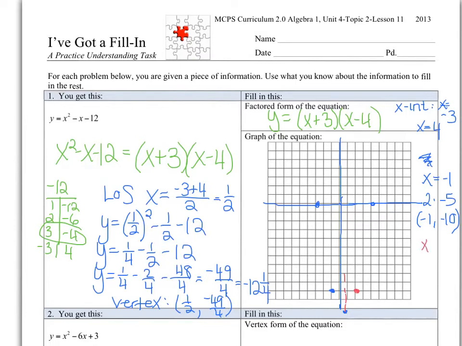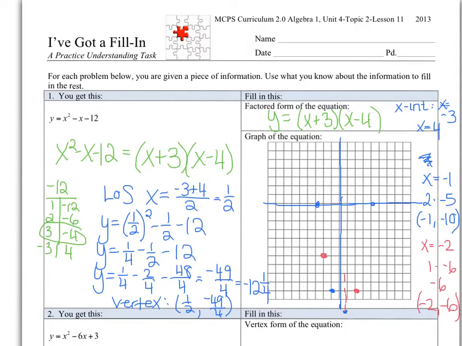Then also let's find x equals negative 2. We've got negative 2 plus 3, which is 1, and negative 2 minus 4 is negative 6. So this is going to be negative 6. We're going to have negative 2, negative 6. And I can plot that. 1, 2, 3, 4, 5. Negative 6 is right here.